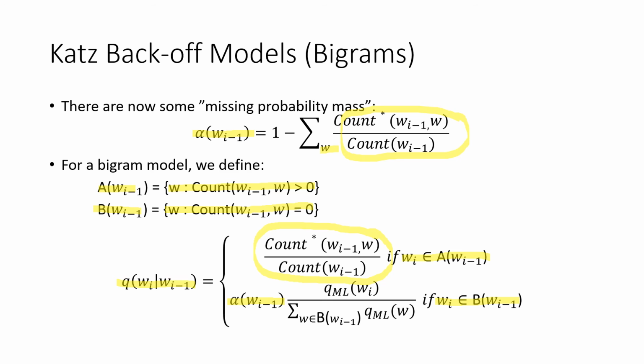So we have basically the maximum likelihood estimate of a unigram. That is the reason for the name of this model. It backs off from the bigram by taking the maximum likelihood estimate of a unigram, and in the denominator we basically have just this normalizing constant.